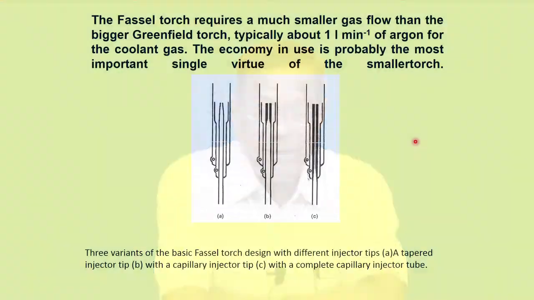So, new torches have been developed and that is known as Fassel torch, another variant, and in that variant the argon flow is approximately about 1 liter per minute of the argon for the coolant gas.